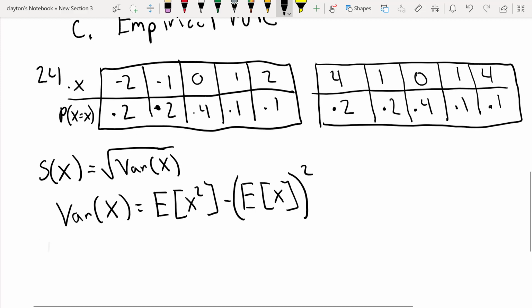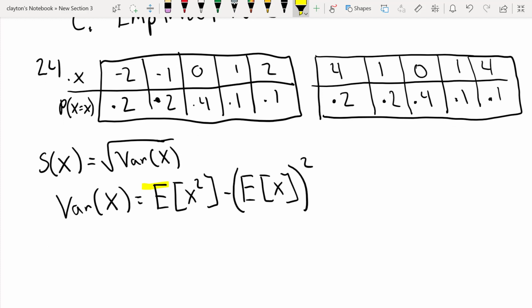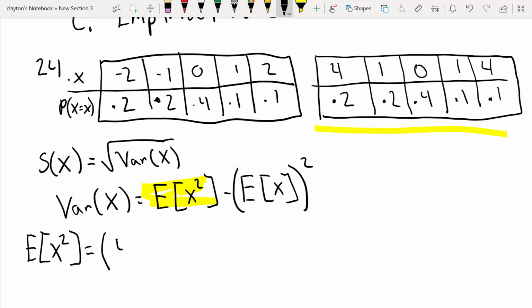And so now when I go calculate the first part, let's do the expected value of x squared. I'm going to reference this chart over here. So I'll say expected value of x squared. Well, that's going to be 4 times 0.2 plus 1 times 0.2. Now you're welcome to put the 0 there, but 0 times 0.4 is going to be 0.